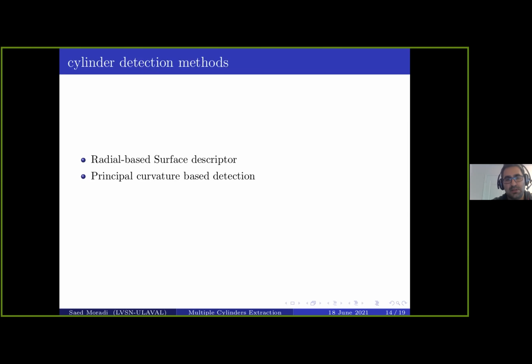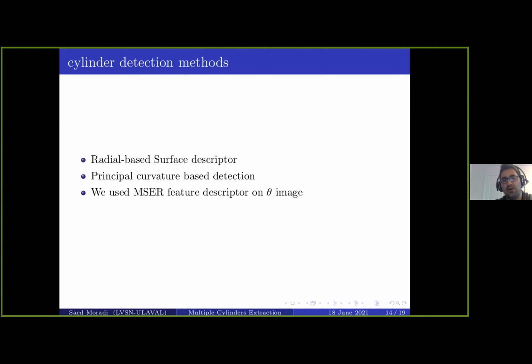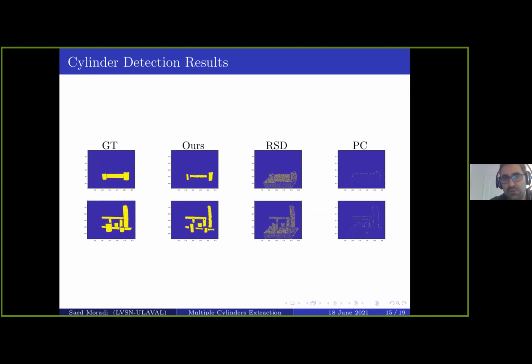What we use, since the cylindrical areas in a theta image are sharp enough to be detected using a normal region detector method, is the MSER feature descriptor to detect the cylinders and extract the cylindrical regions. So this is the result of the cylinder detection method.